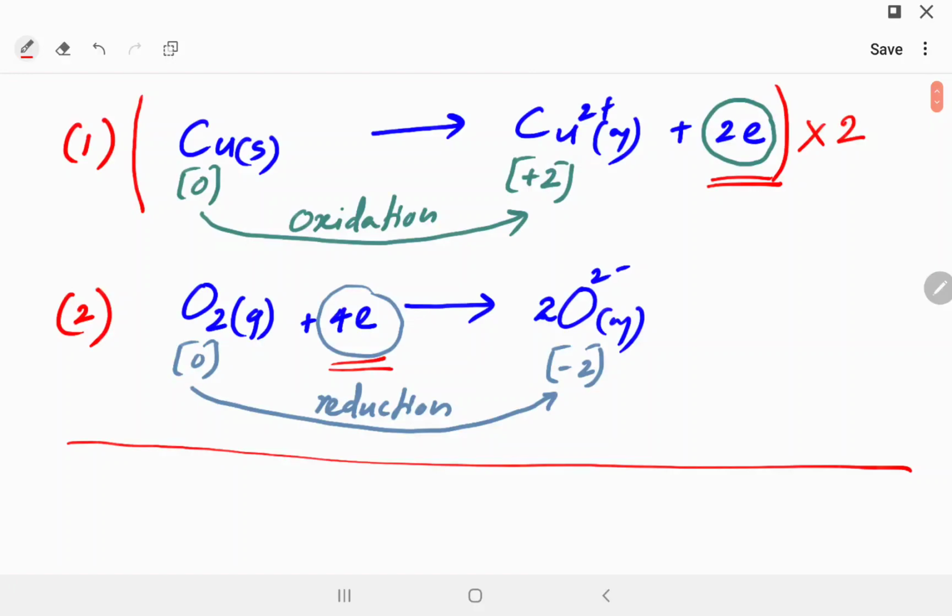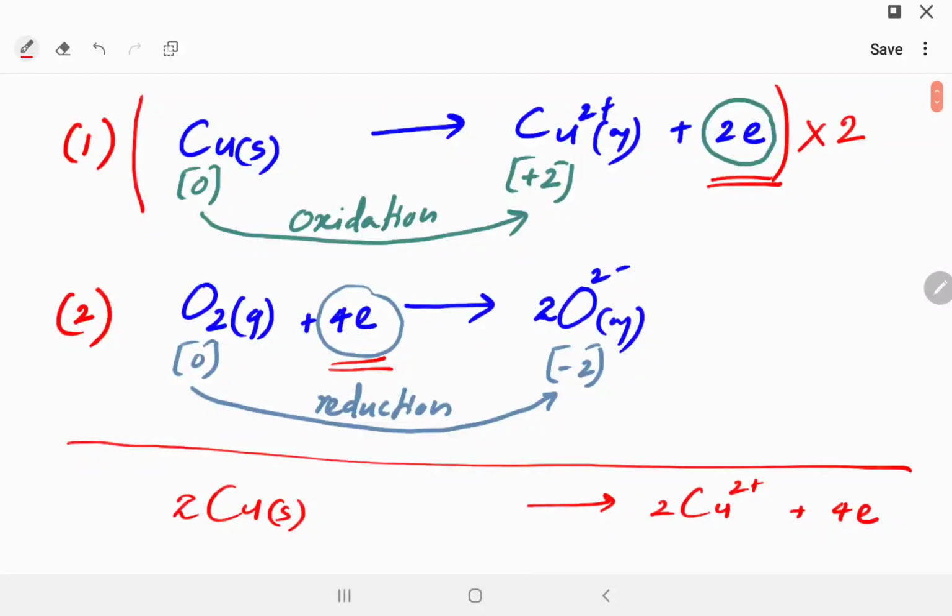Okay, so therefore when you are writing the overall formula, you have to put 2 copper, because we are multiplying it by 2, and then 2 copper 2 plus, and then of course we have 4 electrons.